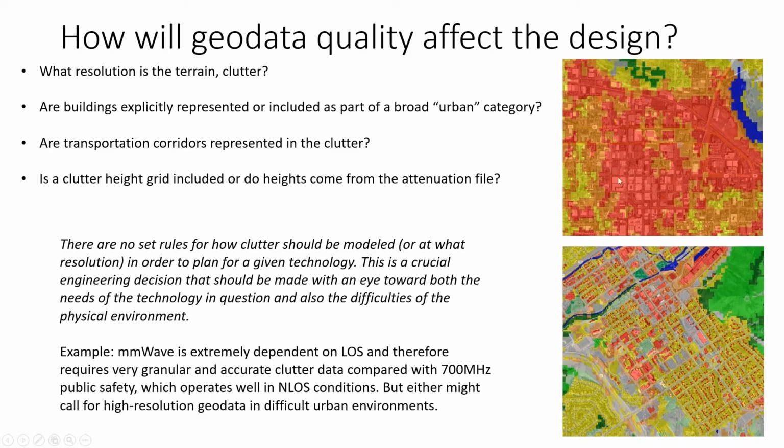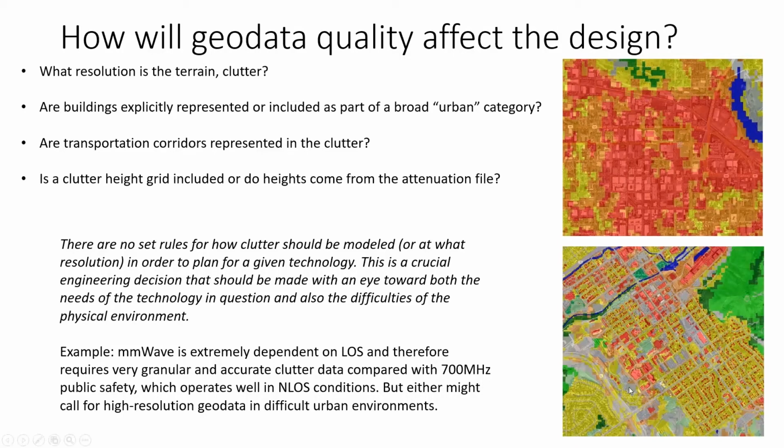Regardless of how I set up my prop model, I won't see that sort of ducting or better propagation down street corridors as opposed to over the tops of buildings. It's all going to be treated the same, which for some systems, or if I'm doing an initial dimensioning estimate, might be perfectly fine.